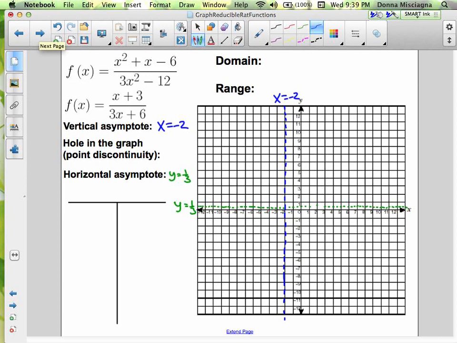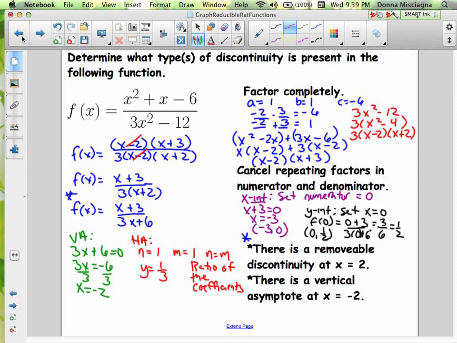All right, so now we need some points. The hole in the graph was at, what was the canceled value? It was 2, wasn't it? We didn't find the y value of the hole. That's why I can't. I'm like, it's 2 something. All right, we forgot to find the rest of the hole. So there's a hole. Let's put that over here, I guess. And I'll write in, I don't think there's any color I didn't use, I'll write in green.